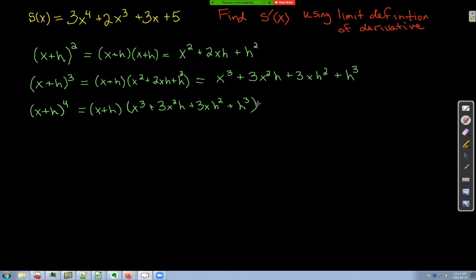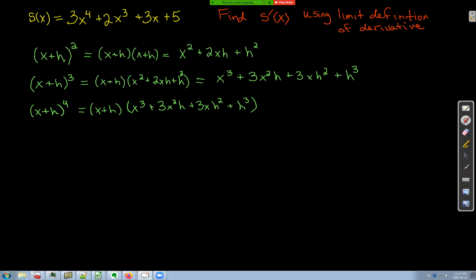And now again, you have to do a sort of super FOIL here. You have to do x times this, and x times this, and x times this, and x times this, and then h times each of these as well. So you wind up with like 8 terms.